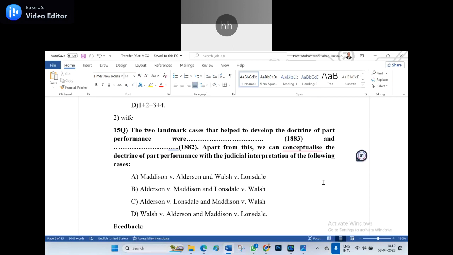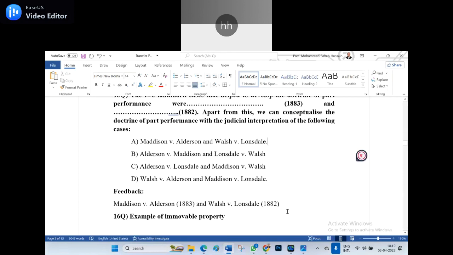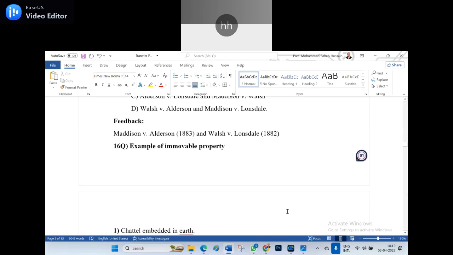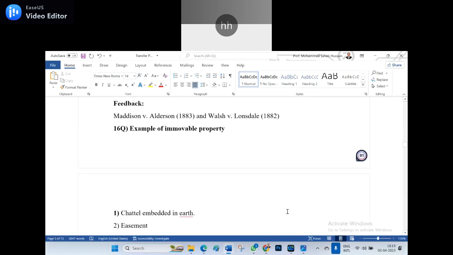That is A. Is it clear? Yes, sir. Madison versus Alderson 1883 and Walsh versus Lonsdale 1882, because the English case law, from there part performance has come, which is Section 53A. Okay, I think I am right, 53A, subject to correction.